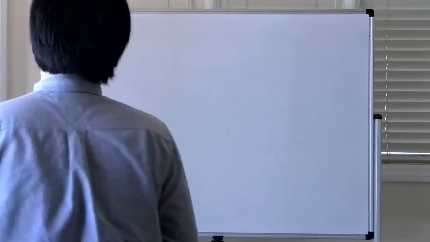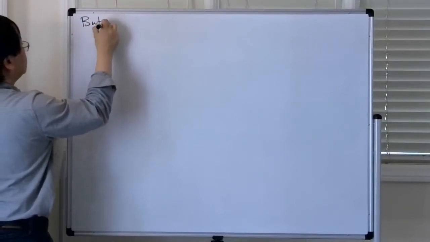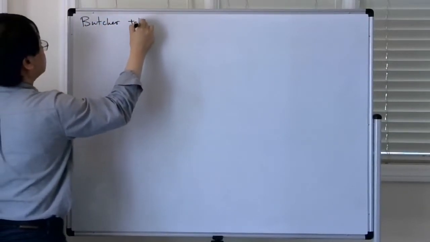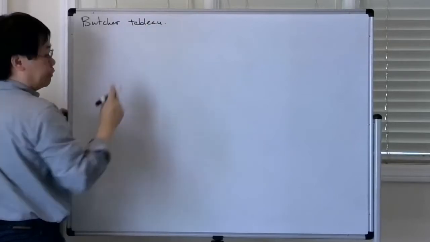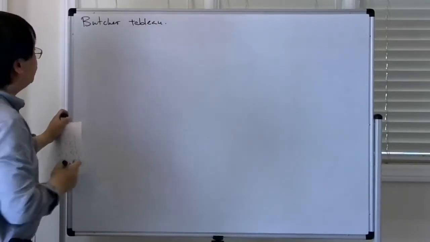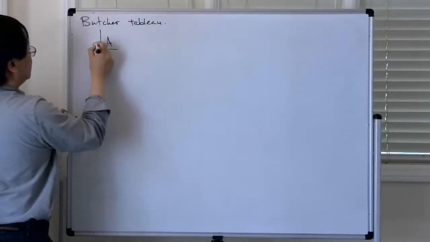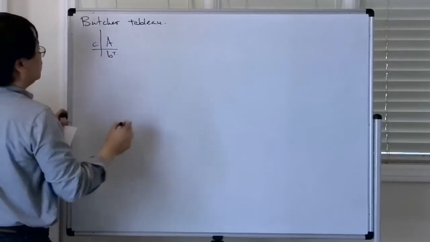Okay, so last time we were talking about the Butcher tableau. This is a way of compactly representing the coefficients or the parameters of a Runge-Kutta method. It's oftentimes denoted by A, c, b transpose.